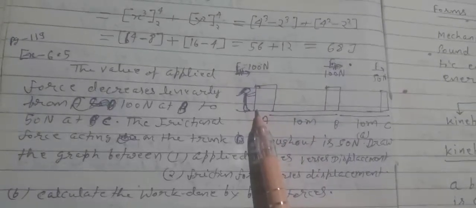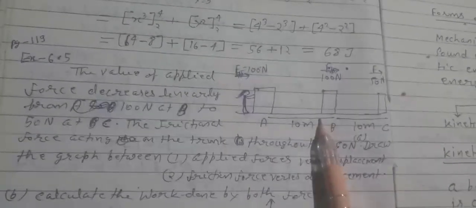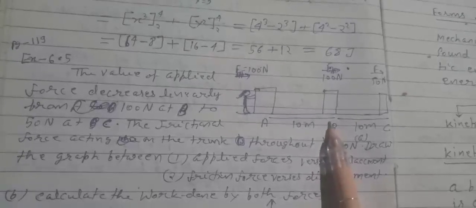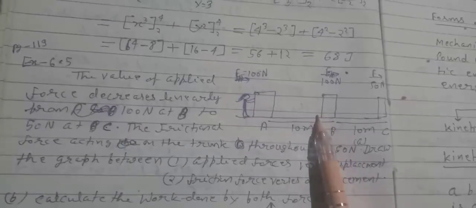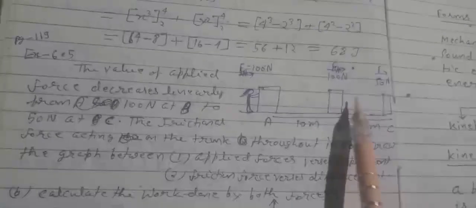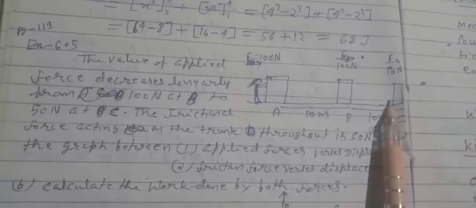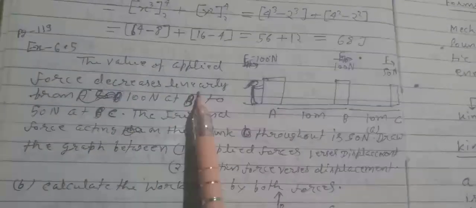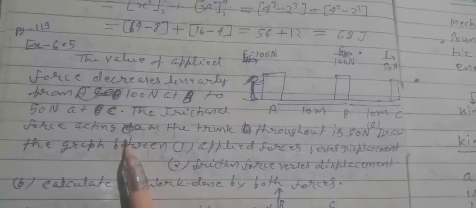It moves and travels a distance of 10 meter to point B. Now from point B to C, the applied force decreases linearly from 100 Newton at B to 50 Newton at C. The frictional force acting on the trunk throughout is 50 Newton.